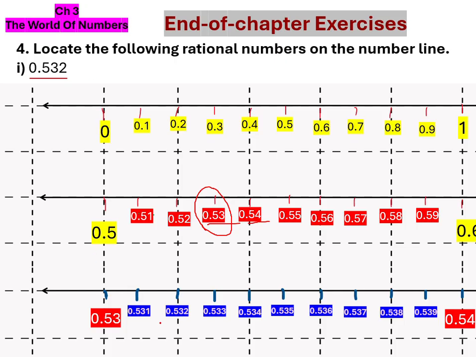You can see the representation of 0.532 on the number line. So 0.532 is located between 0.53 and 0.54. It is represented between 0.5 and 0.6, and this 0.5 and 0.6 exists between 0 and 1. So this is how you can represent a decimal number on a number line.